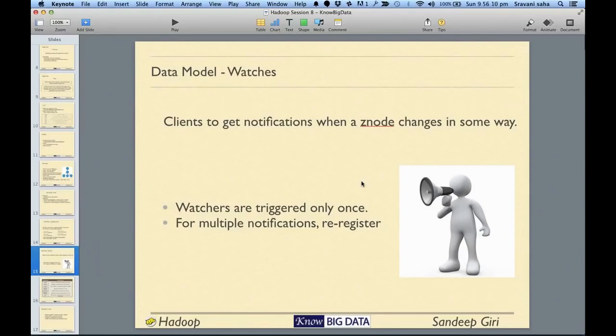We can get the notification from Zookeeper, and watches are triggered only once. For multiple notifications, you have to re-register. Programmatically, you can provide a function which is your way to handle a watch, and in that function, once you have handled a watch, you will re-register for the same watch or something else.